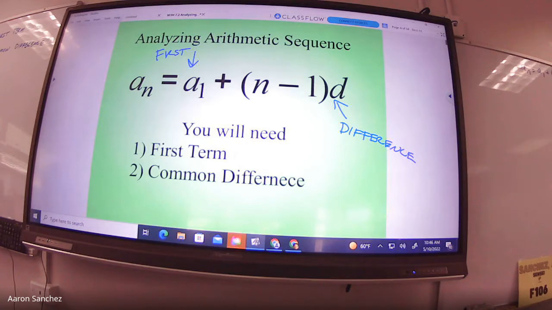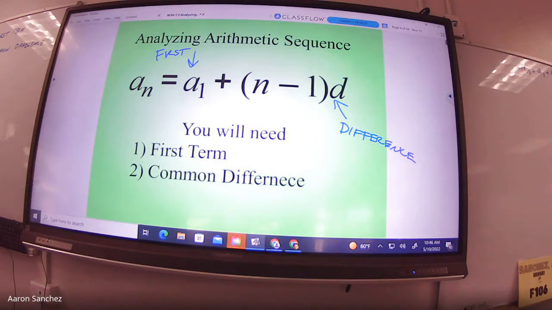Here we go. So you need the first term and the common difference. That's the main thing, because there's a lot that's going to go on in this lesson. You're going to be all, wait, I'm confused as to what we're doing. Now, all these calculations I'm going to be solving, all I'm trying to figure out is, hey, am I getting either the first term or the common difference?